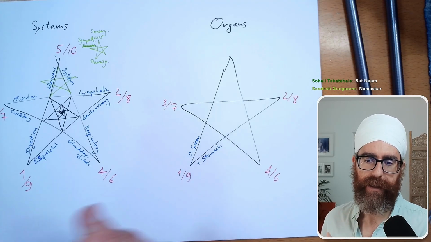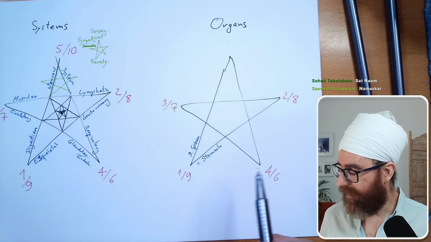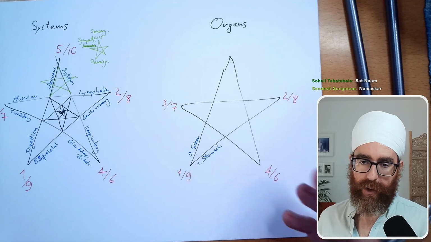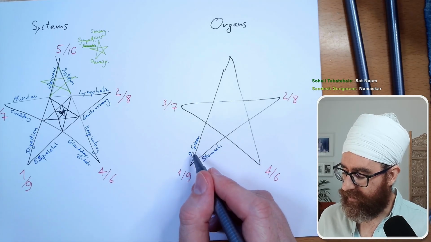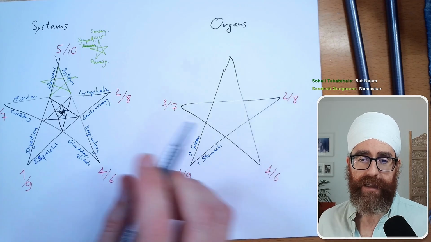That's where they are taken and they are recycled. And again, probably some of these organs will have more than one function, but that's one immediate function that comes to me. 9 is the number of recycling and regenerating and rejuvenating and resting and relaxing. It's the last number, and that's the one before the next one.